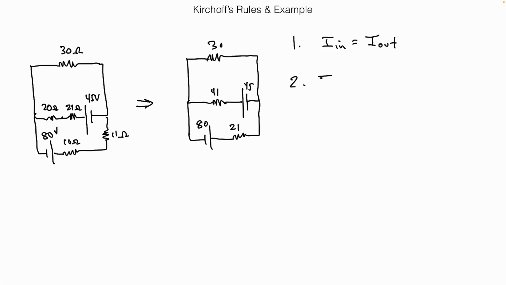The second, called the loop rule, states that for a closed loop of the circuit, in other words, an imaginary path through the circuit where you start and stop at the same point, the total sum of potential changes has to be 0.